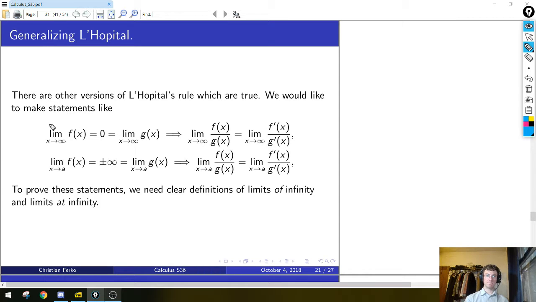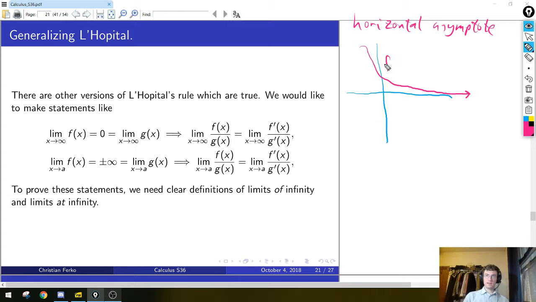But if f goes to 0 as x goes to infinity, and g goes to 0 as x goes to infinity, so graphically you would think of this as what we call a horizontal asymptote, right? It's just the statement geometrically that as you go further and further to the right, this function f gets closer and closer to 0.